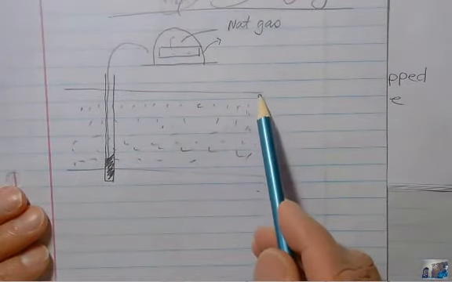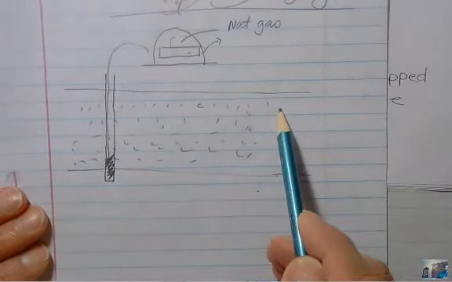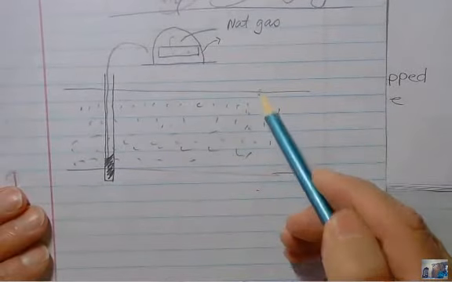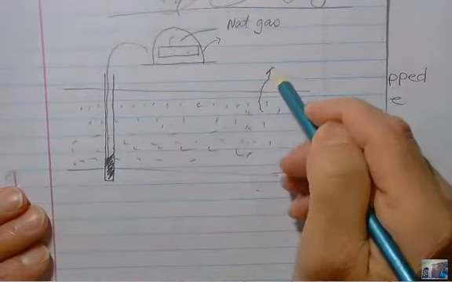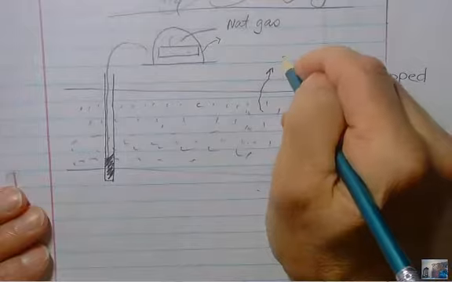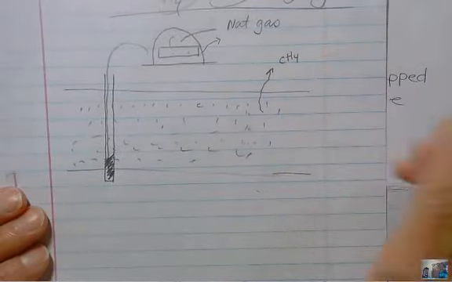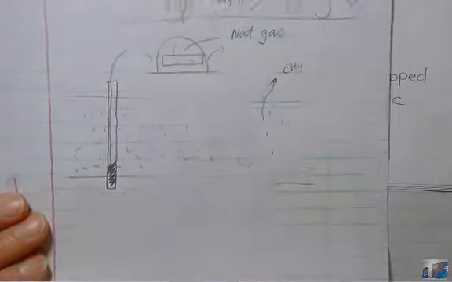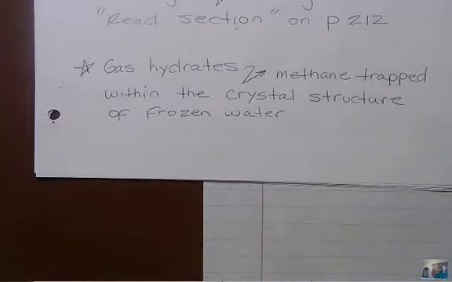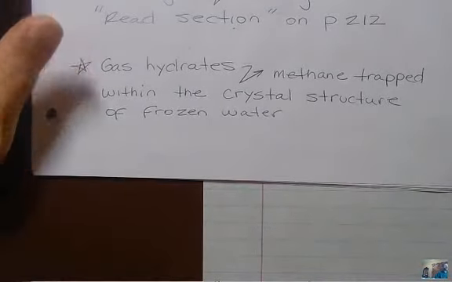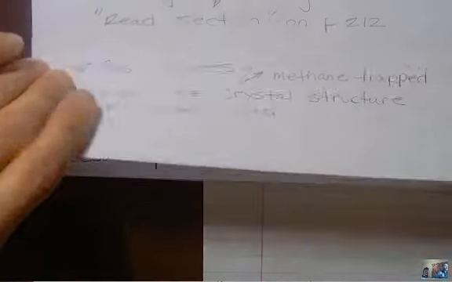That's one of the problems with the polar ice caps melting, is as this melts, it releases just naturally the methane gas into the environment. Okay, so this particular technique, these gas hydrates are a future resource that we could possibly use.